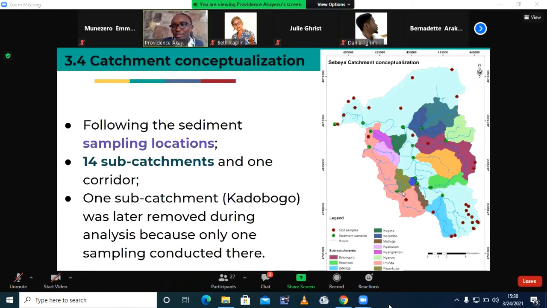The sub-catchment is drawn around where the river drains. So this is the Funda sub-catchment. This is concerning downscaling the catchment. The conceptualization will be important later in my presentation, and I will show you how useful it has been to conceptualize the catchment into sub-catchments.